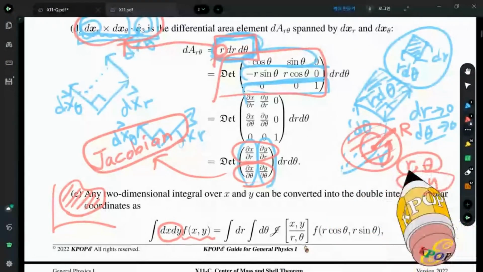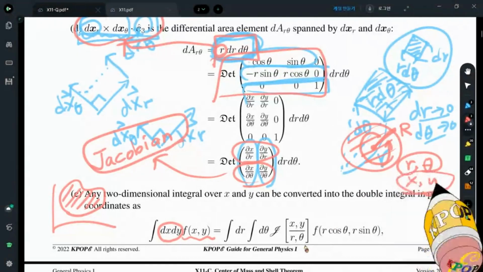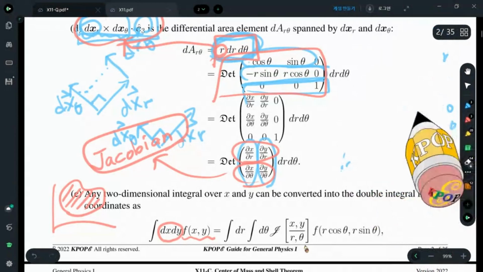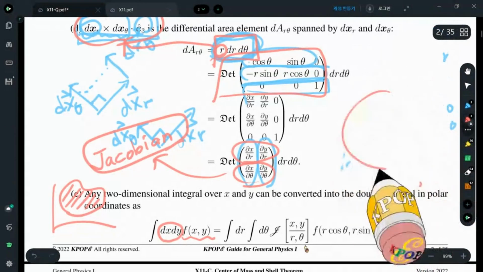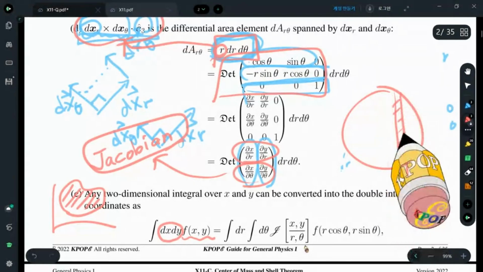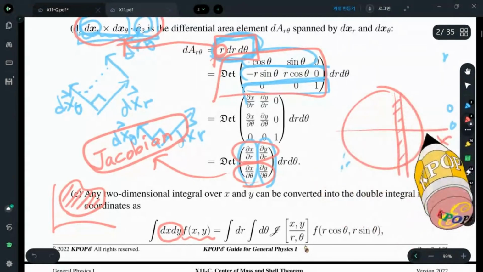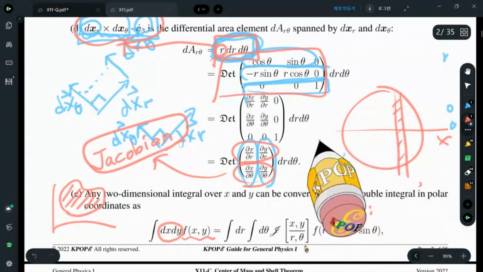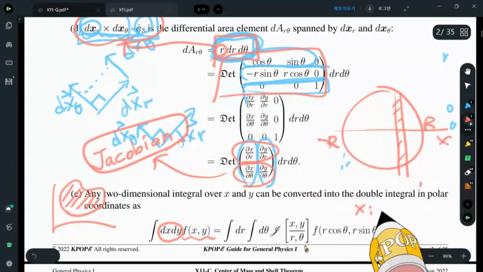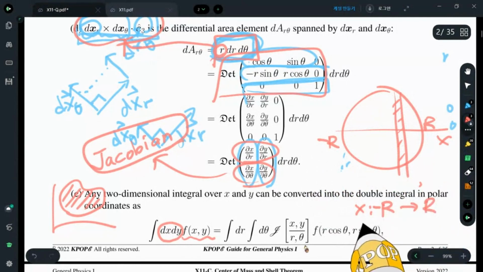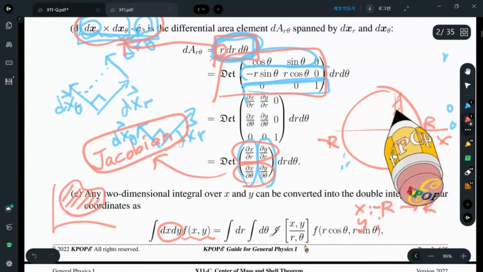Simple. However, if I do want to compute this xy integral, I need to divide this into a complicated one. For example, I need to cut it in this way, and this is the x-axis, and x ranges from minus r to r, and y ranges from here.